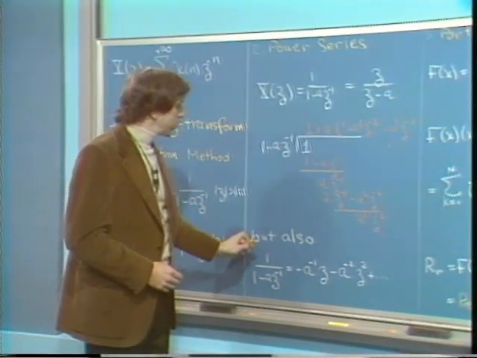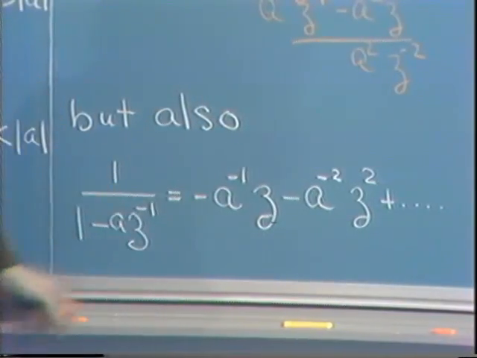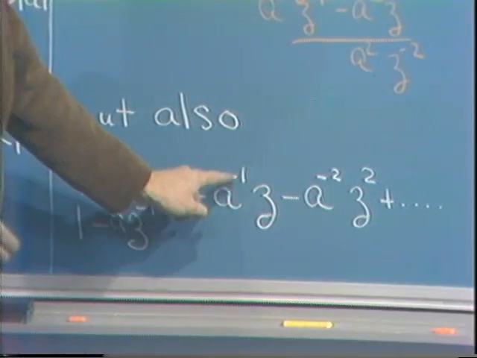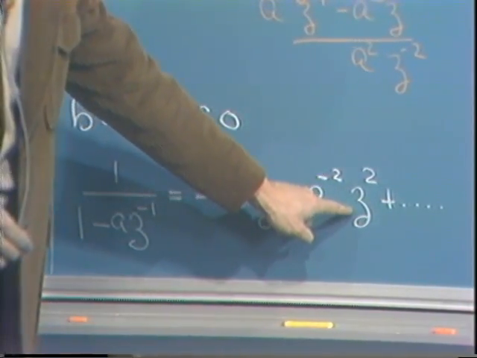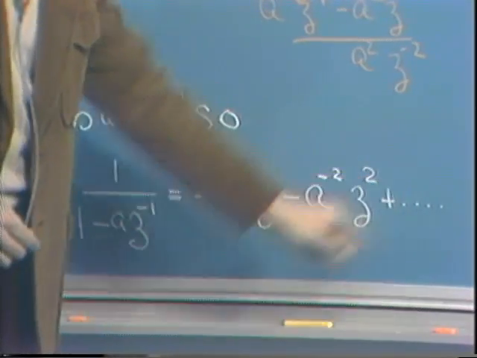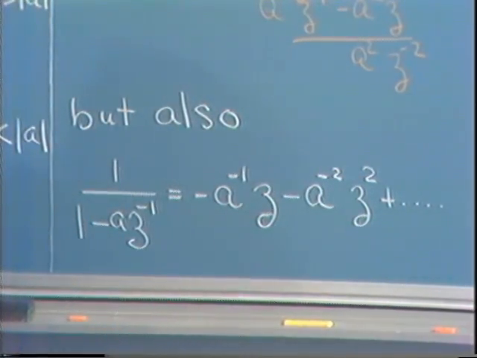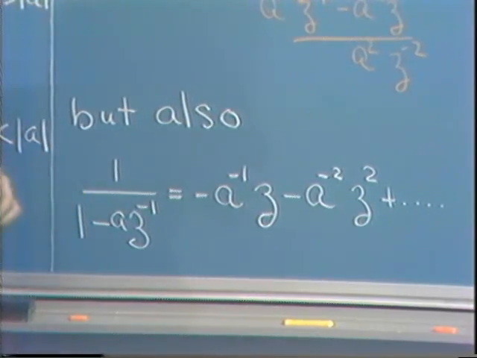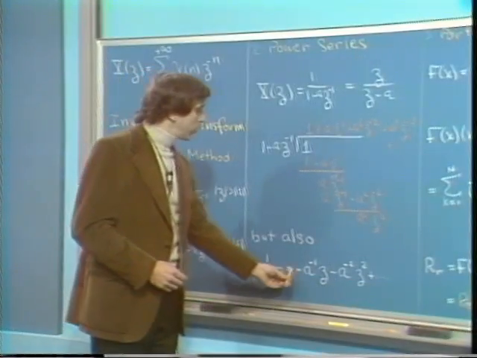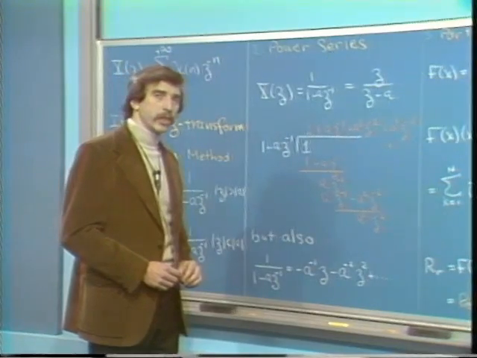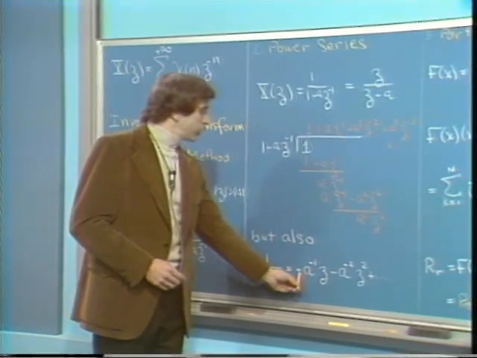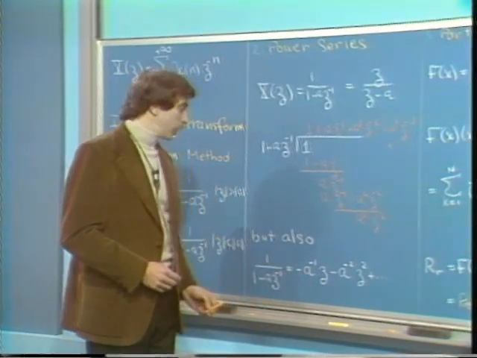What I'd get instead is the series minus a to the minus 1 times z, minus a to the minus 2 times z squared, minus a to the minus 3 times z cubed, etc. In that case, if this was the expansion, then the sequence corresponding to this is the sequence which is 0 at n equals 0.